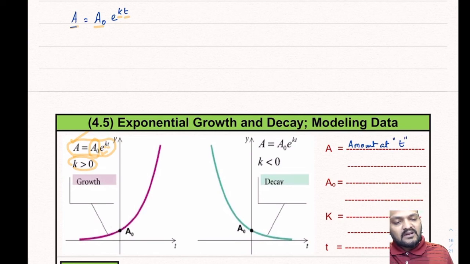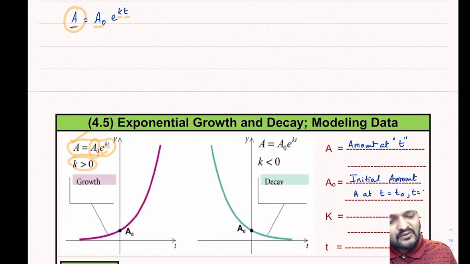That is your A. And the A sub 0, or A naught, is the initial amount or initial population, generally the A at time t equal to 0, or sometimes t equal to t naught.